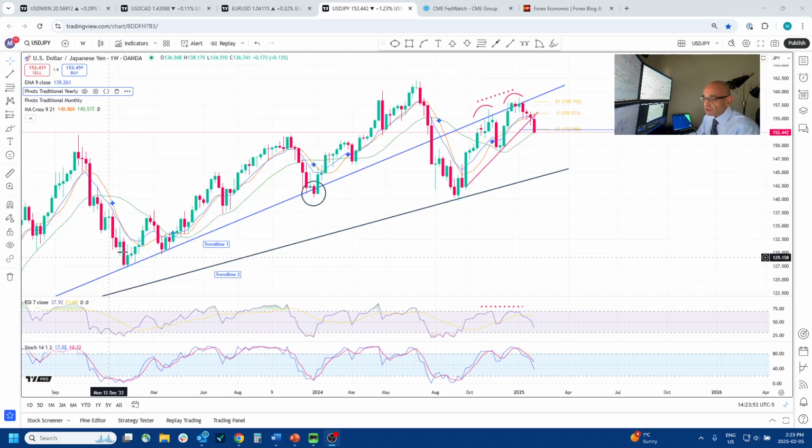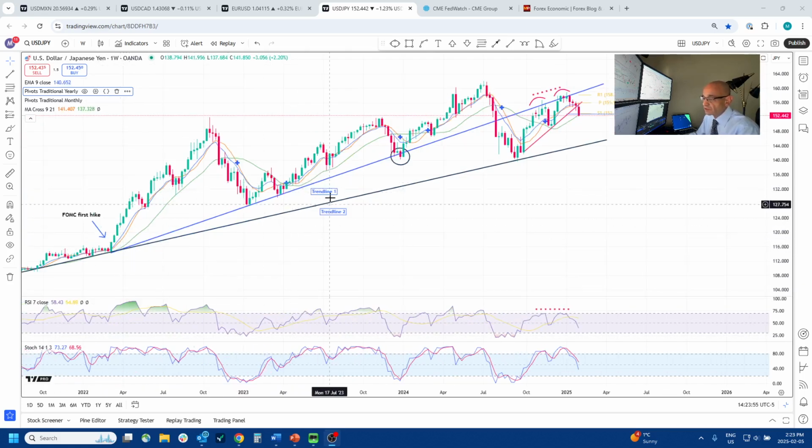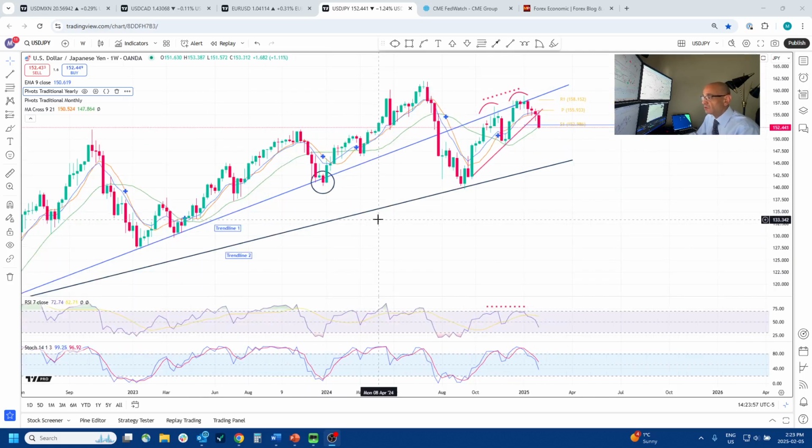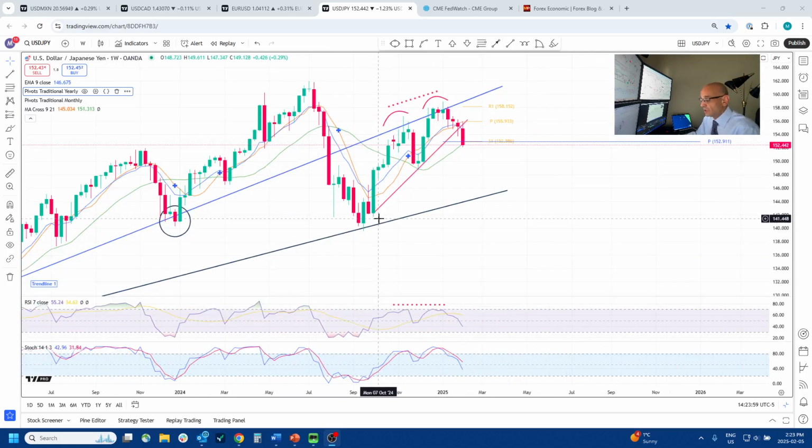Price action continued to trade around trend line 1 and trend line 2 as marked on the chart, and the most recent price action shows us that we had a double top formation and a baseline indicated by this red line.